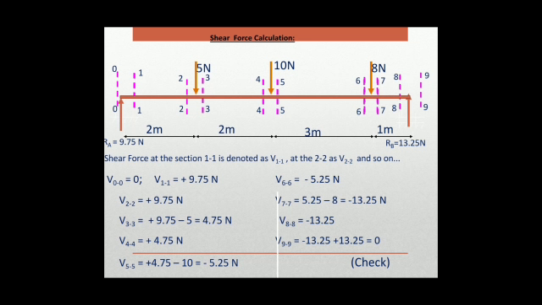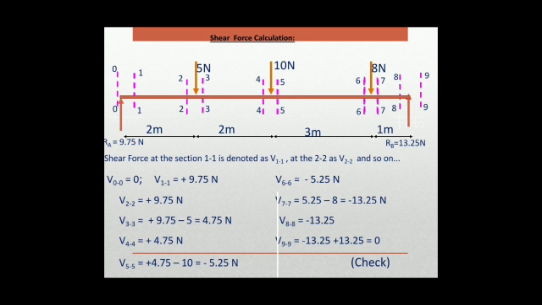V33 is equal to 9.75 minus downward force 5, which is equal to 4.75 Newton. V44 is equal to 4.75 Newton. V55 is equal to 4.75 minus downward force 10, which is equal to minus 5.25 Newton.